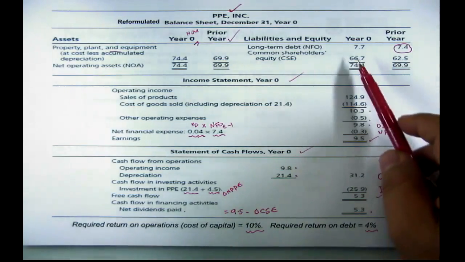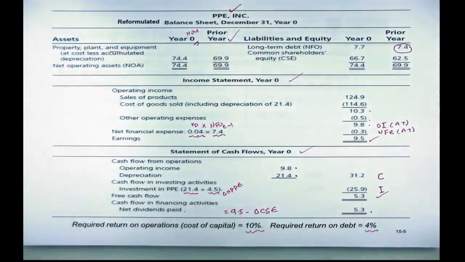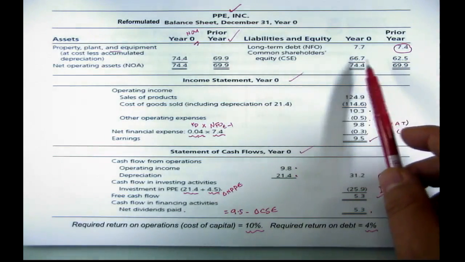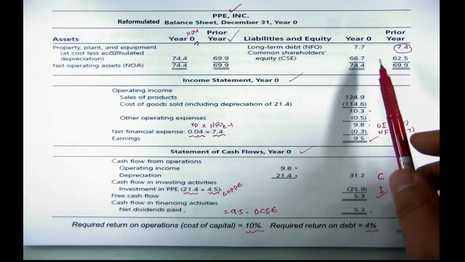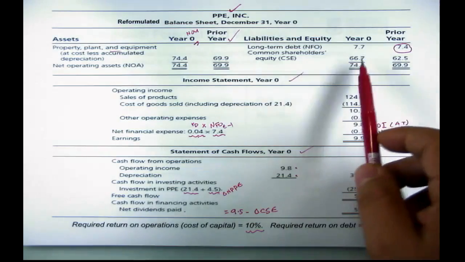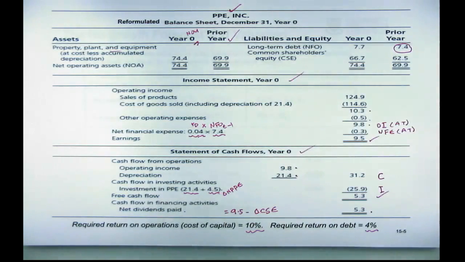The difference, this minus this, is the addition to equity. Remember that earnings can be split between dividends and addition to equity. Make sense? So if the increase in equity is from here to here, then earnings minus the change from here to here gives us the amount paid out to shareholders. Make sense? Okay.